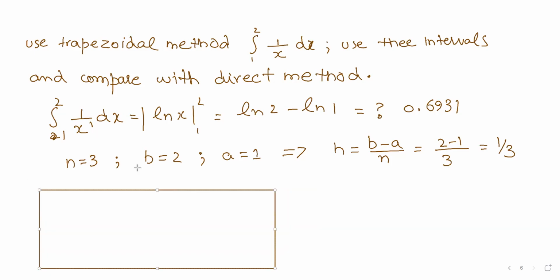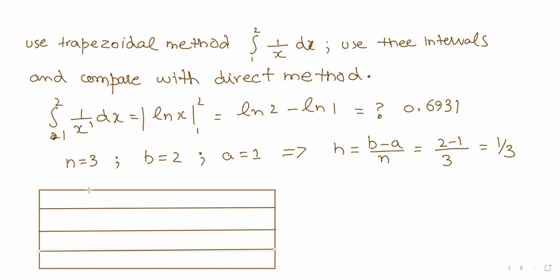Now there will be 4 values, so let me make a table. Okay, let's make a table in here, with one line, second line, and third line. So in here, we will have x0, then x1, x2, and x3.